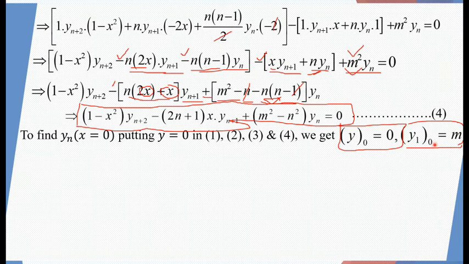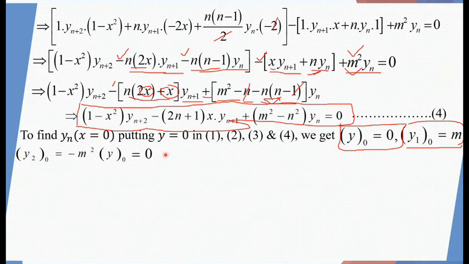So cos 0 is 1 and 1 minus x square is 1. So only m exists. So y1(0) is equal to m. And in the third equation when we put x equals to 0, we get y2(0) equals to minus m square y0. But y0 is 0. So y2(0) will be 0.